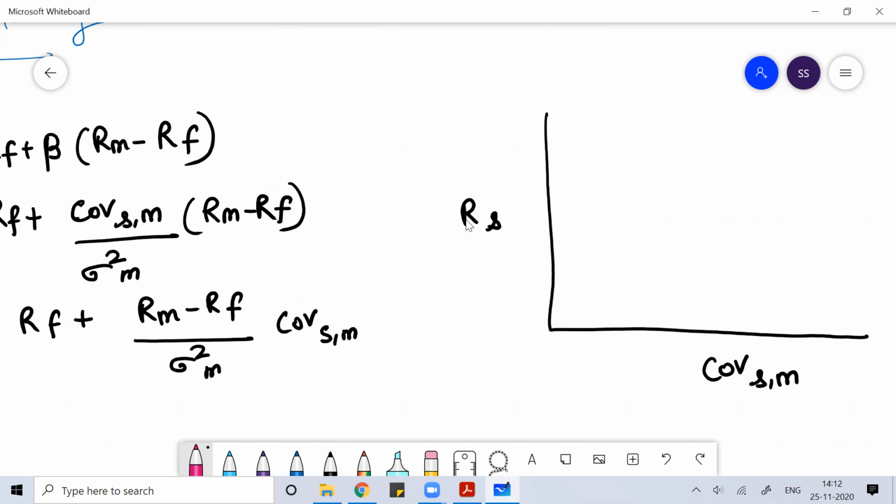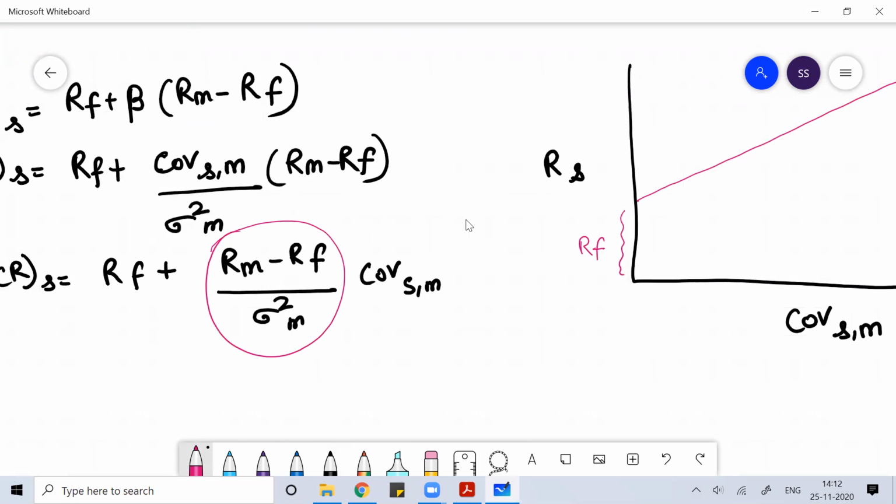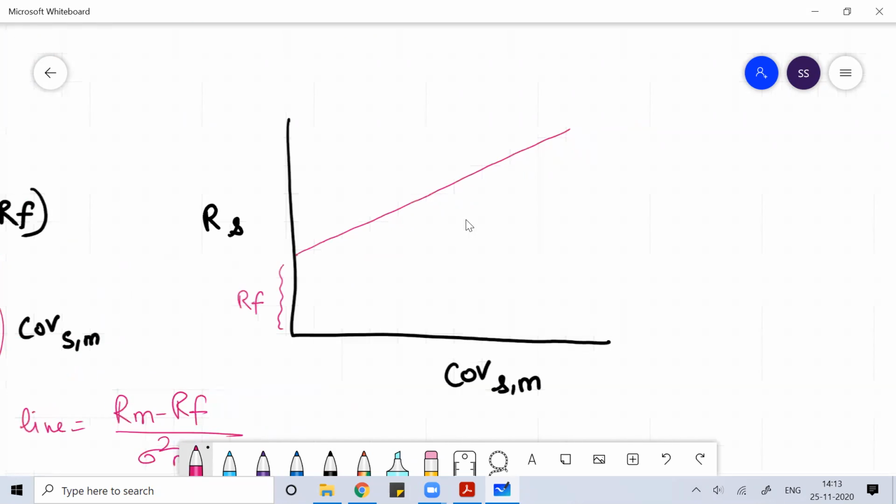The intercept of this line will be the RF, the risk-free rate of return, and the slope of this line will be (RM minus RF) divided by the variance of market. This line we call the SML. SML stands for security market line.